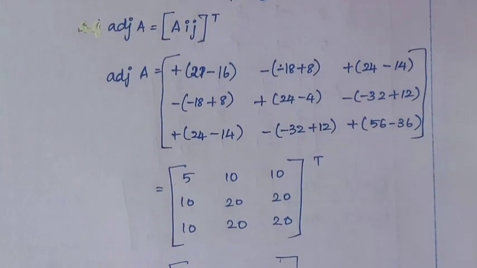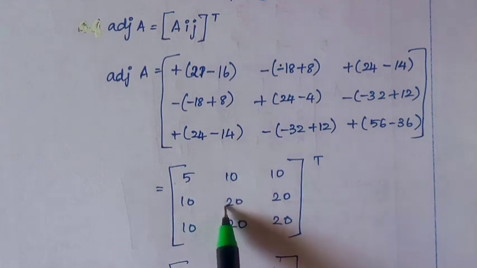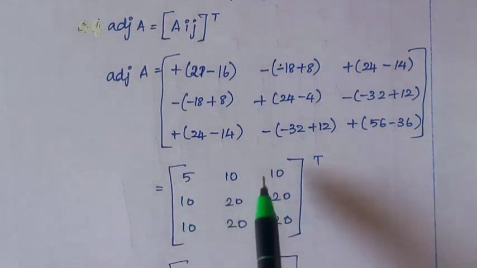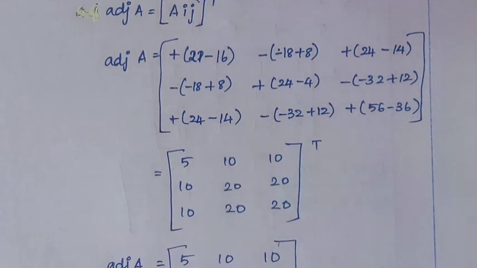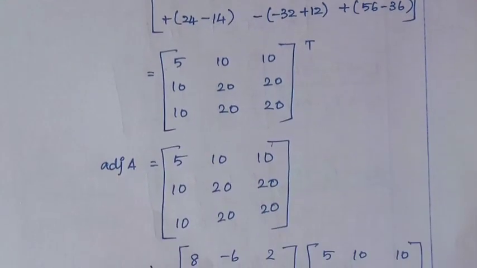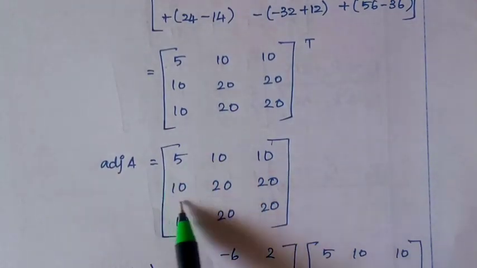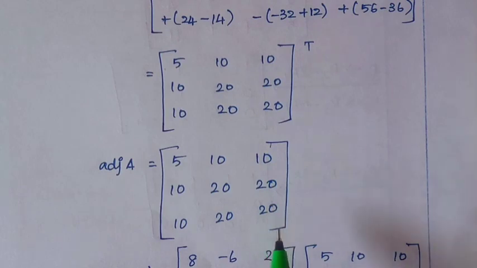By calculating like this, we get 5, 10, 10, 10, 20, 20, 10, 20, 20 whole transpose. After transposing it, adjoint A is equal to 5, 10, 10, 10, 20, 20, 10, 20, 20. So this is what we first found for adjoint A.